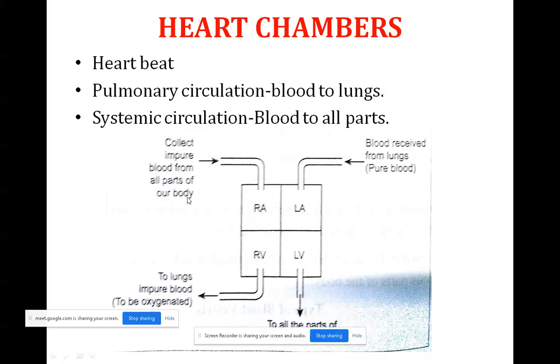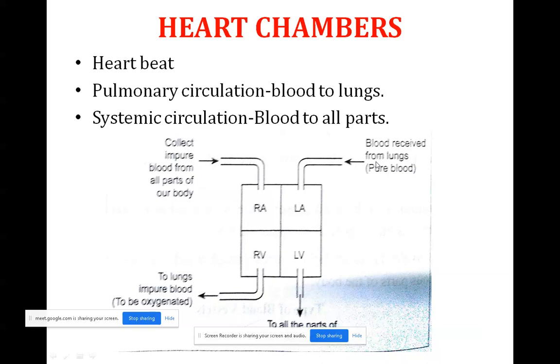So see the picture here. In the right atrium, the valve will collect impure blood from all parts of the body. Then the right ventricle sends that impure blood to the lungs. The lungs will oxygenate the impure blood to give pure blood.